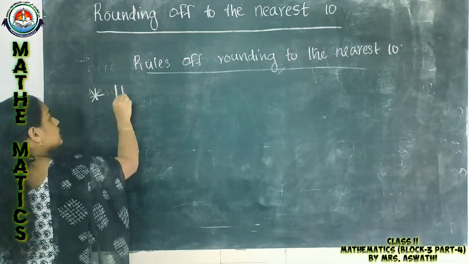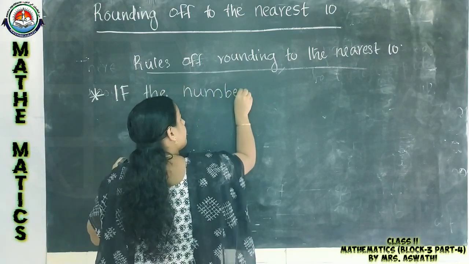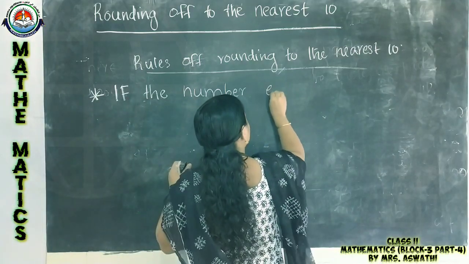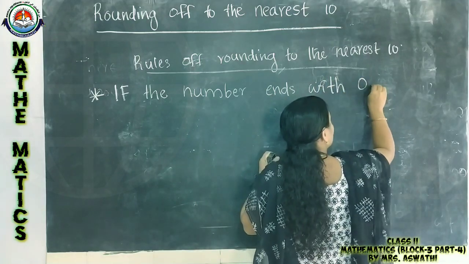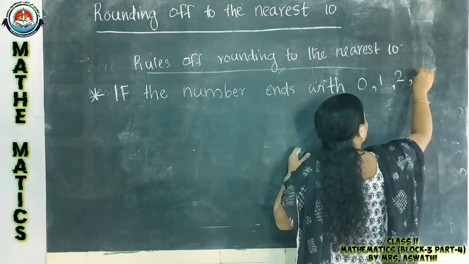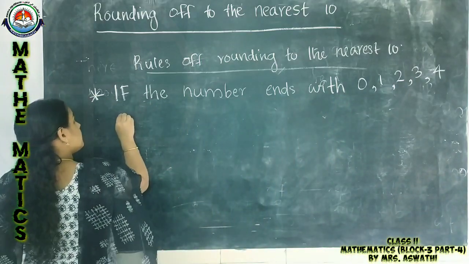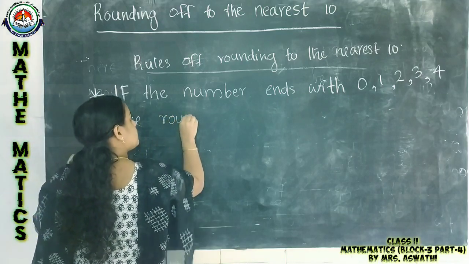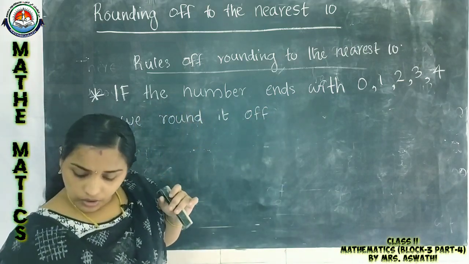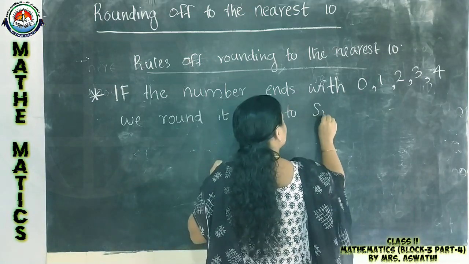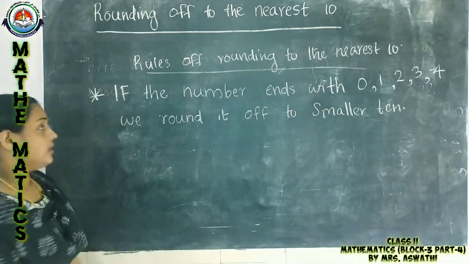First one is, if the number ends with 0, 1, 2, 3, 4, we round it off to which 10? To the smaller 10. Okay.